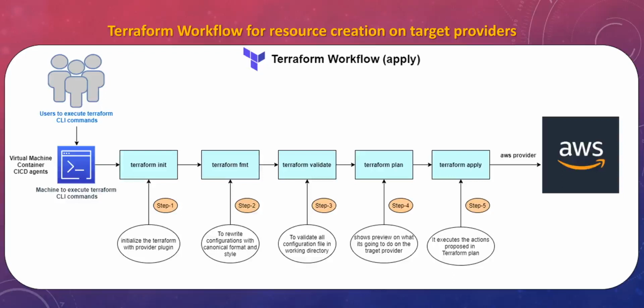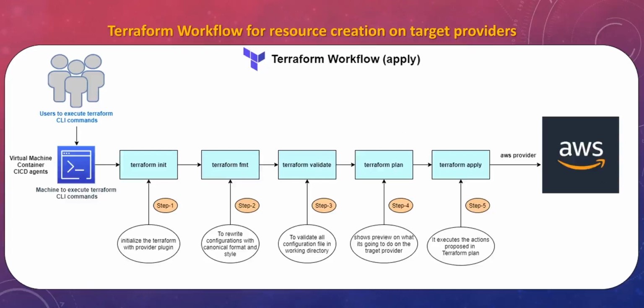After this is done, then what we have to do? Validation. Terraform validate is where, let's say I have written the configuration files, but I might have forgotten some parameters which are important for your resource to be created. According to Terraform, that parameter is important, but you have forgotten to write it. So how can I identify such issues or errors?